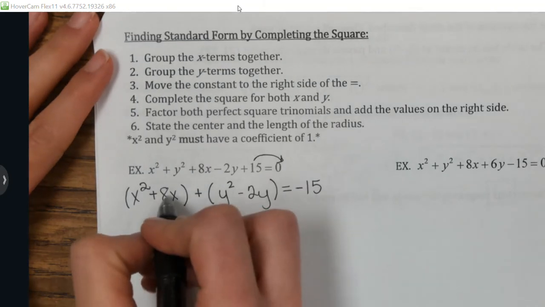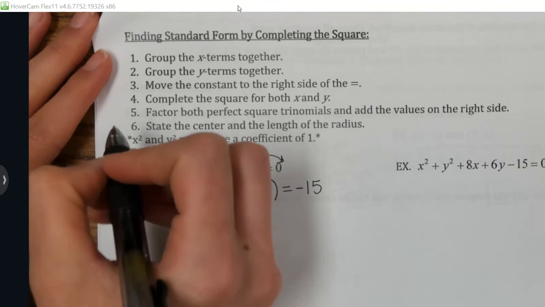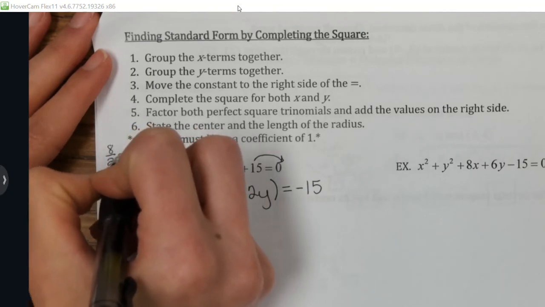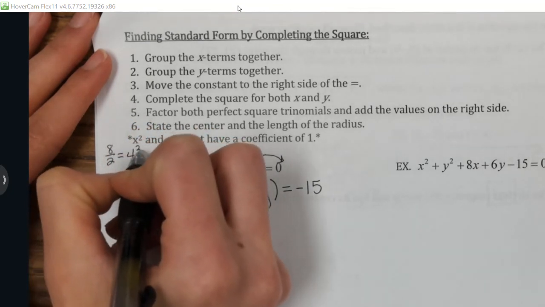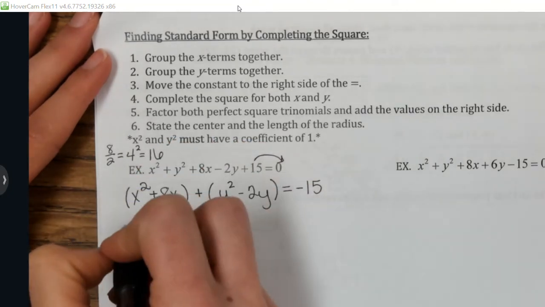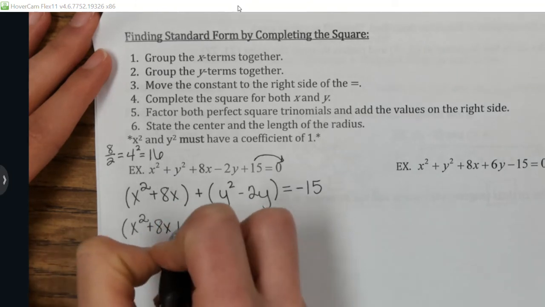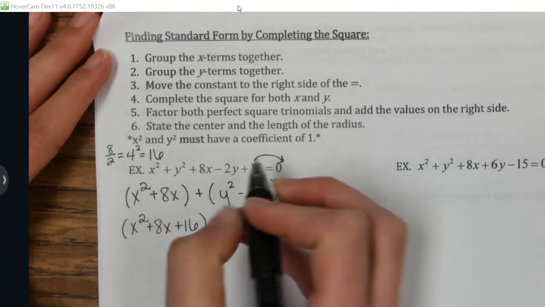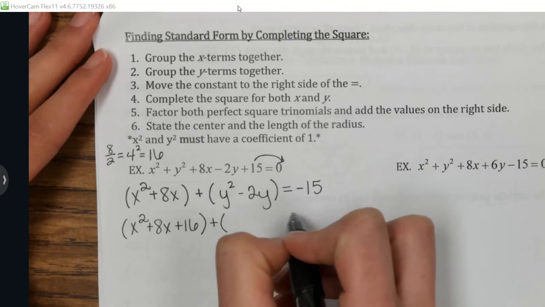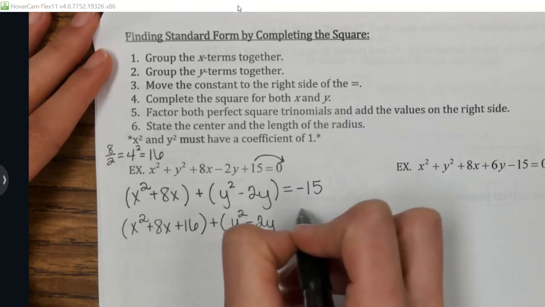So then, if you remember how to complete the square, you take your b and divide it by 2. So 8 divided by 2 is 4. 4 squared is 16. So this turns into x squared plus 8x plus 16. Now I added 16 to the left side of the equation.